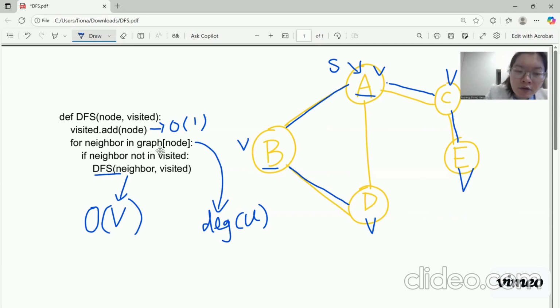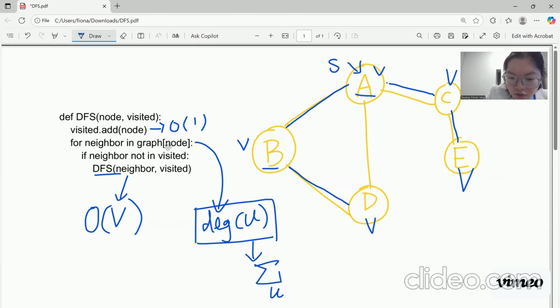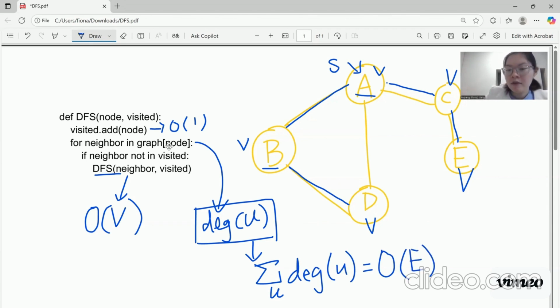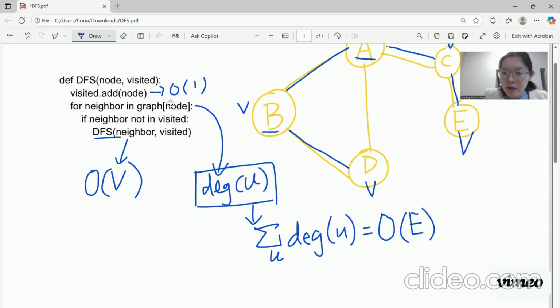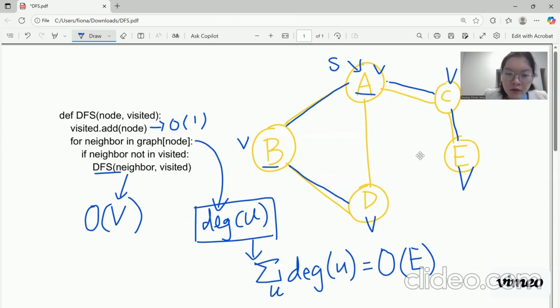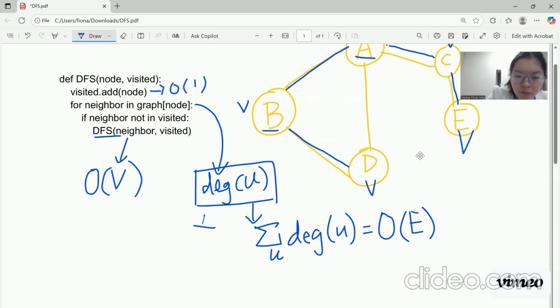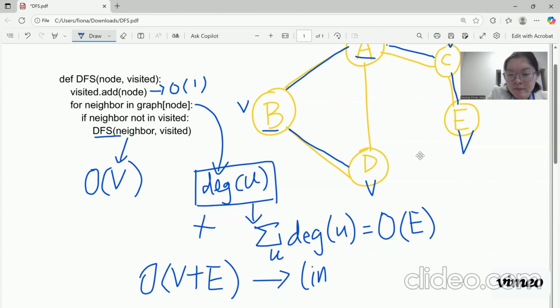And since we visit every node once, and we go through every node's neighbors exactly once, we call degree of U on every node, and in total it's just the sum of degree of U, which is proportional to the number of edges. You can count from this example if it helps. Basically, if we add those two parts up, that gives us a total of big O of V plus E runtime, and that is just linear.